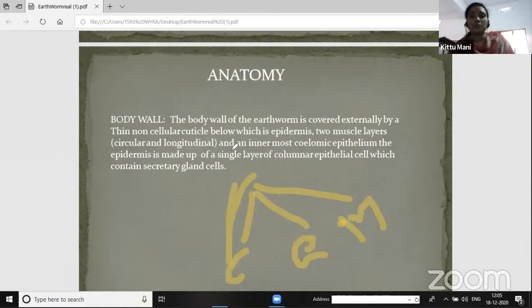And innermost is the coelomic epithelium. The epidermis is made up of a single layer of columnar epithelial cells, which contain secretory gland cells.